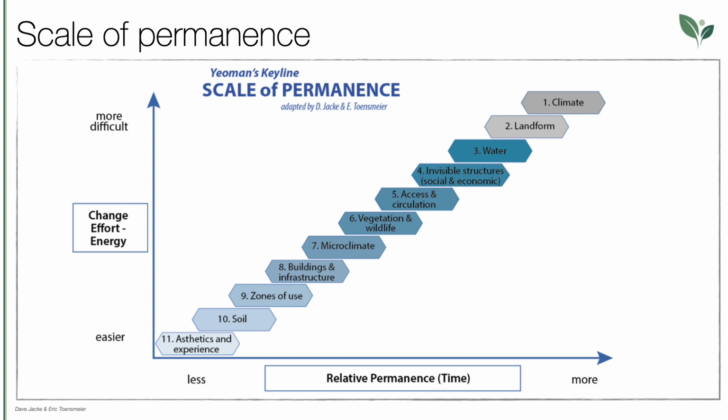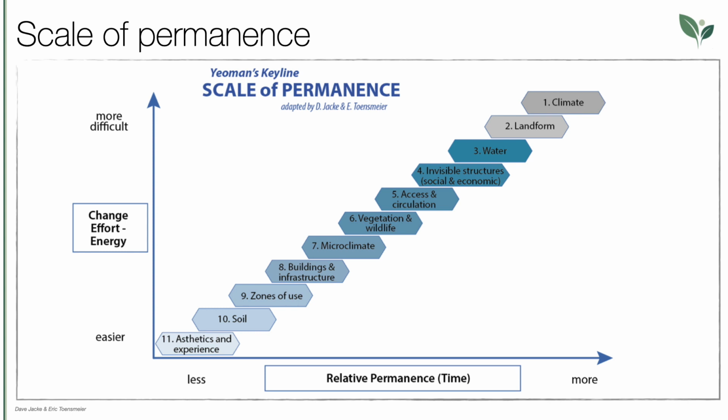The basic idea is that as one moves down the list, the elements of a farm system become less permanent. That is, they take less energy to change and are less permanent as a factor for planning as indicated by the graphic.